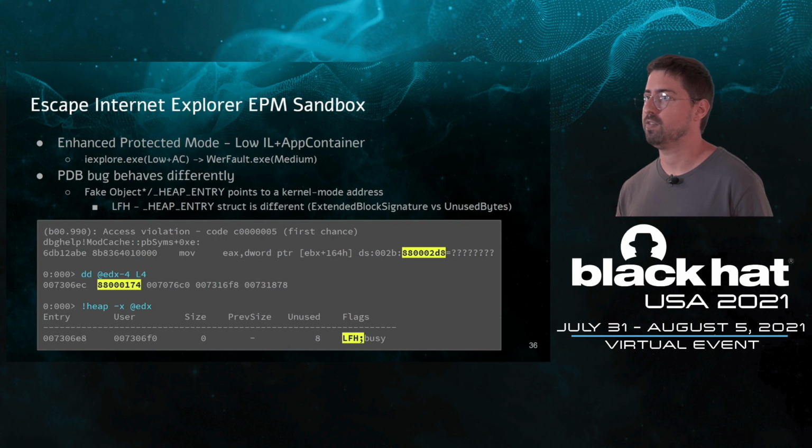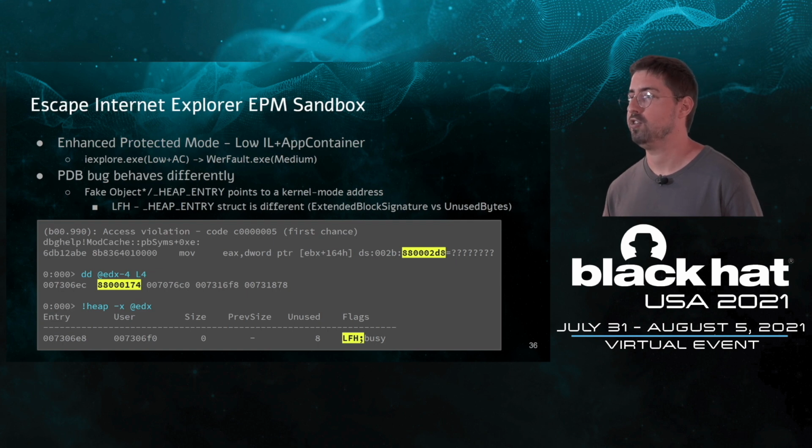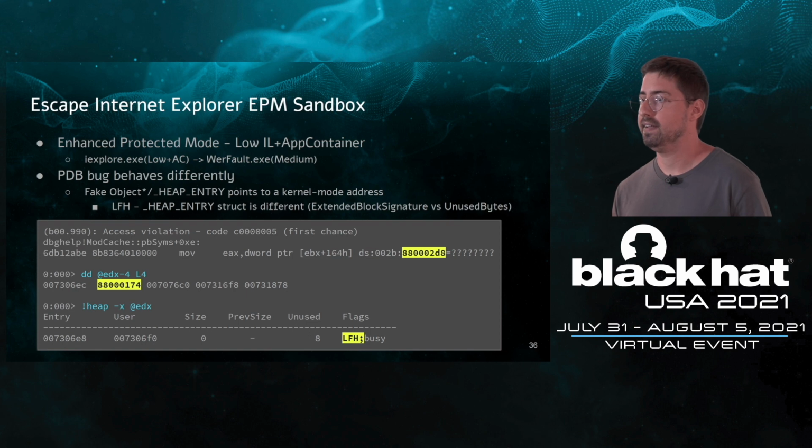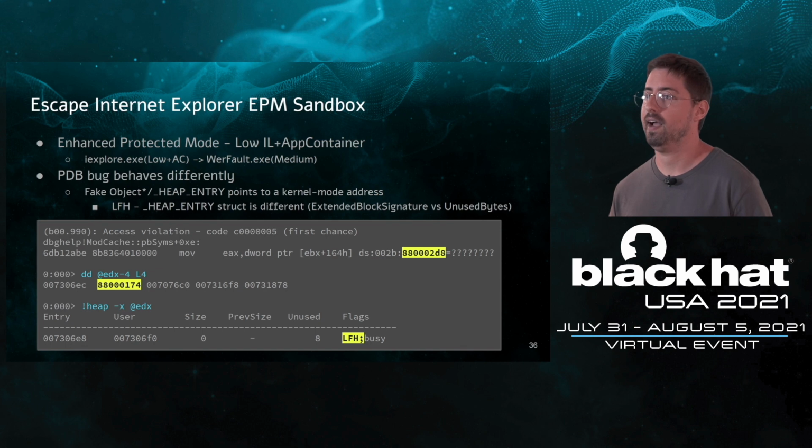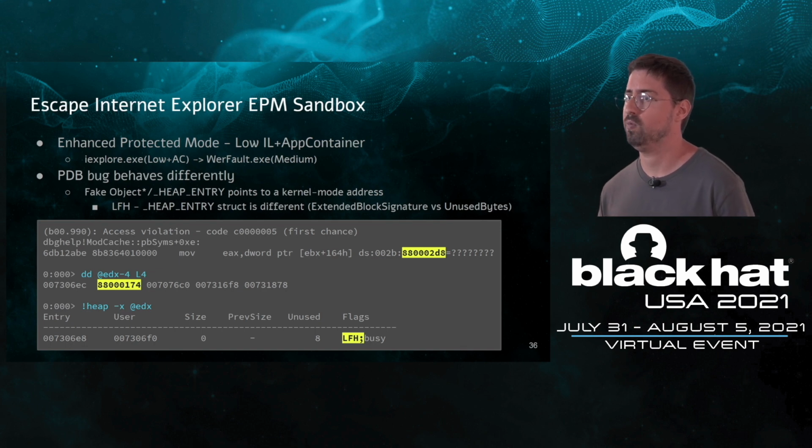In case Internet Explorer crashes, that objects array is allocated on the low fragmentation heap, which is the optimized heap implementation of Windows. And the heap entry structure on the LFH looks a little bit different, and because of that, the address ends up being a kernel mode address, which I obviously cannot allocate, and dereferencing it will result in an access violation.